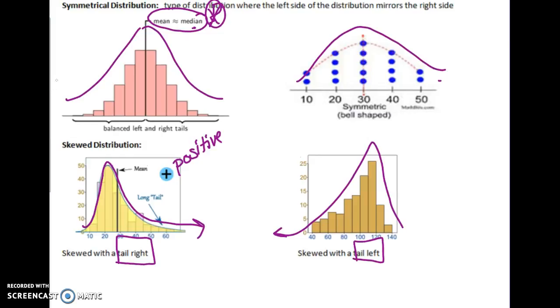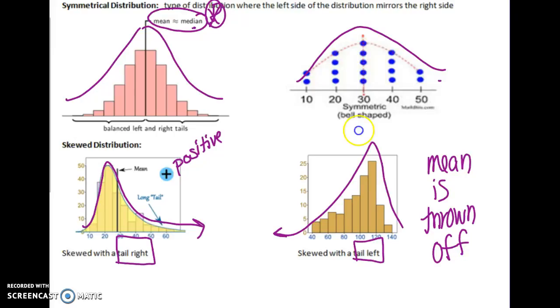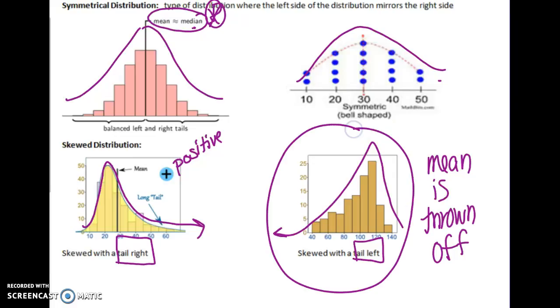Now, with symmetrical, the mean and the median are the same. With skewed, that doesn't happen. With skewed distribution, the mean is thrown off. This mean right here is thrown off.